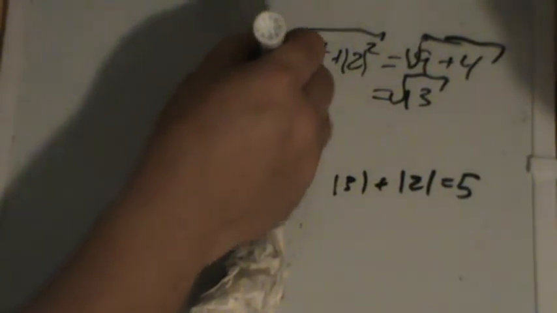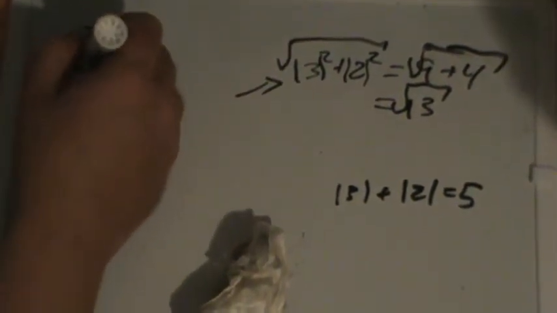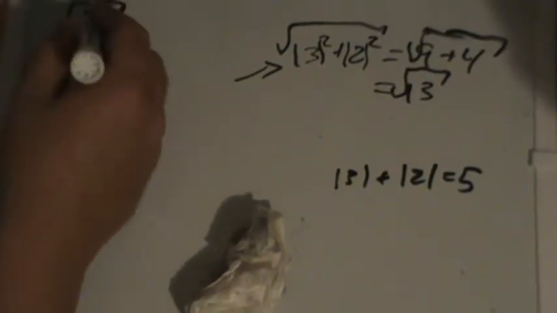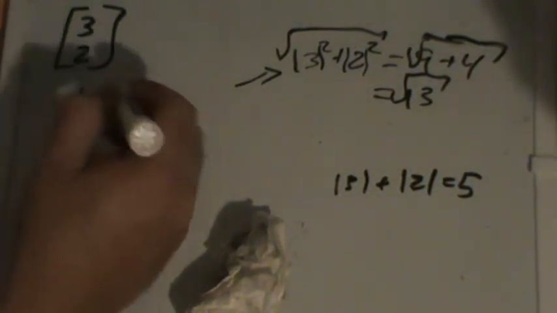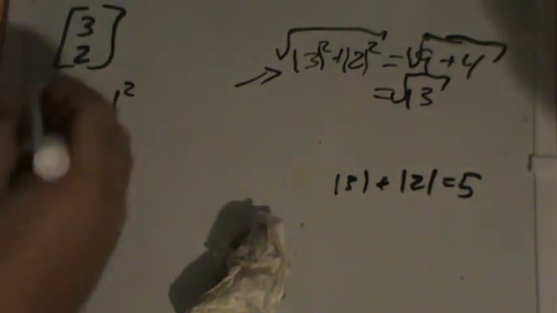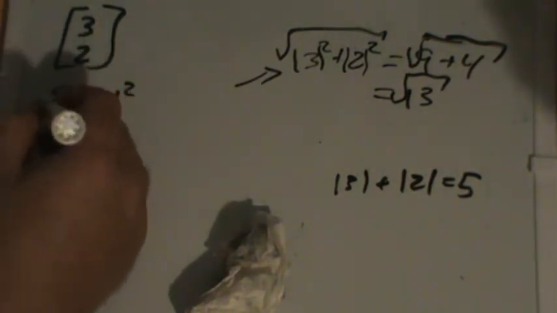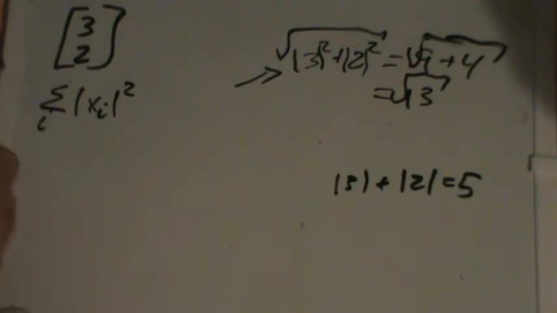If I were to write this formula up and say 3 was one dimension of my vector and 2 was the other, and I call this my x and my y direction, what have I actually done here? Well, I've got x sub i absolute value squared, and I've summed it up for all the i.